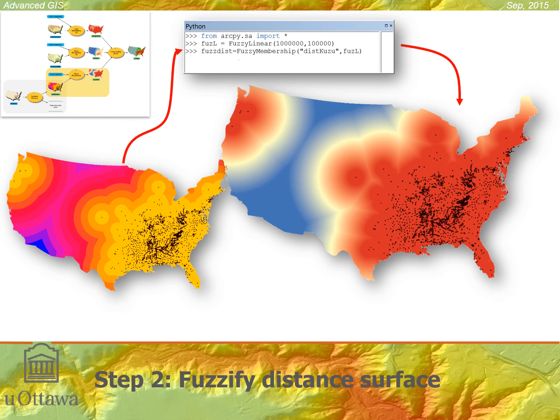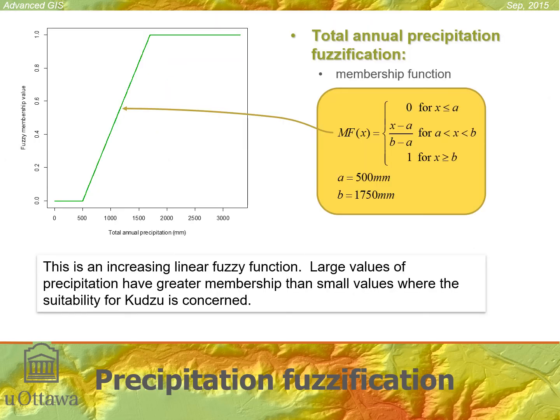And you'll see here I'm showing the part of the cartographic model that we're doing within Python. So you can see the equivalencies. Total annual precipitation is opposite in terms of its fuzzy linear form to distance, because more precipitation is better for Kudzu. Kudzu likes it very wet. So we have total annual precipitation as our environmental variable on the x-axis here, and the fuzzy membership as usual on the y-axis between 0 and 1.